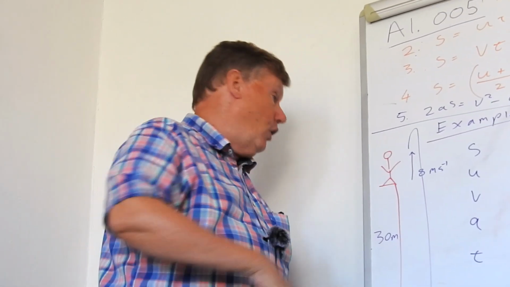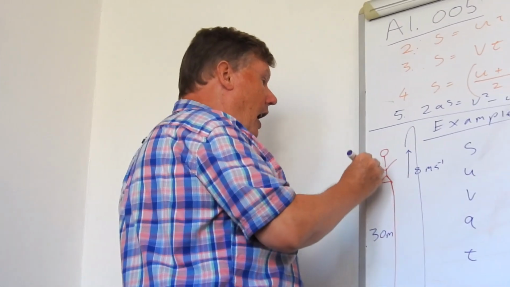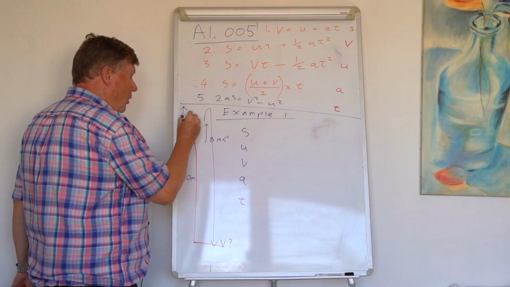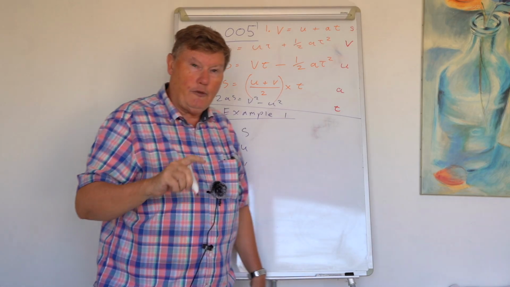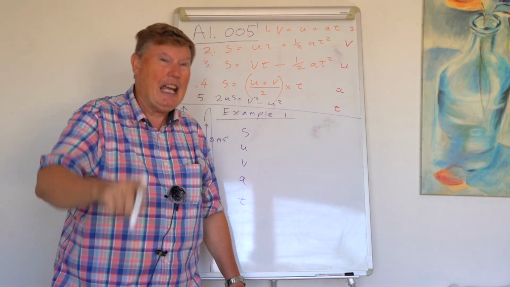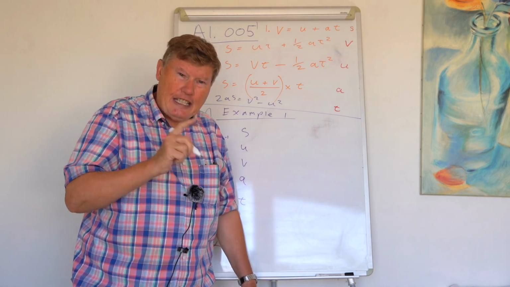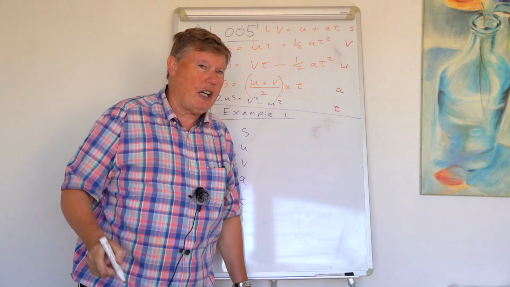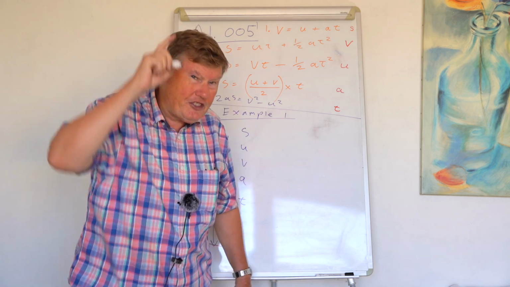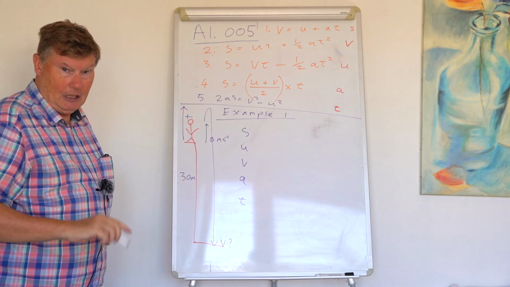From now on, for all projectile questions, I am going to have up as the positive direction for displacement, the positive direction for velocity, and the positive direction for acceleration. There are three different things that have a positive direction, okay? And they've all got the same positive direction. And I'm choosing up. All right?